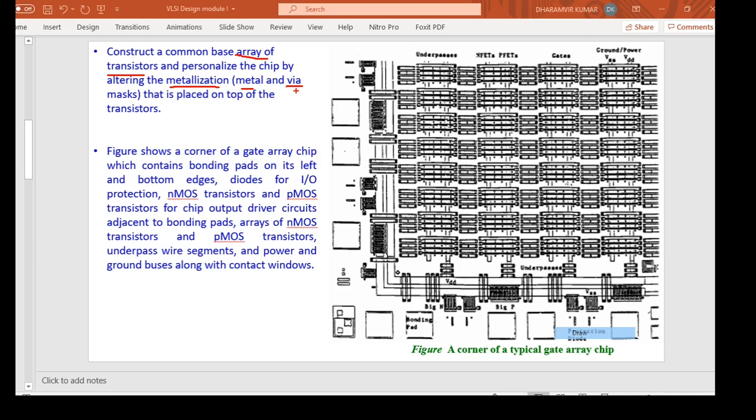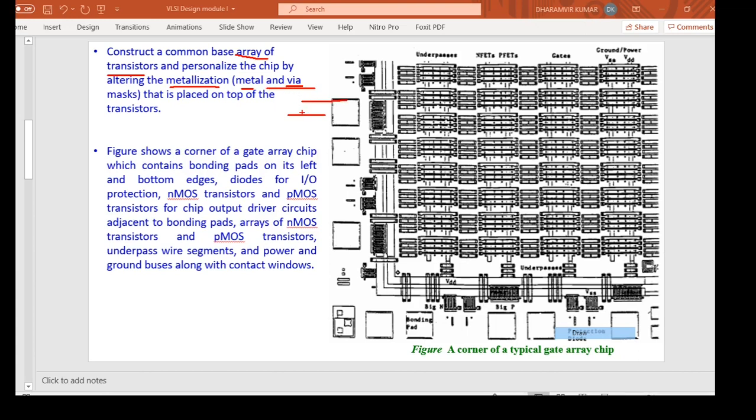Now in the case of a multiple metal layer IC, where we have multiple layers of metals lying one on the other, there arises a need when we want to connect one metal layer to different metal layers. Suppose this is one metal layer and this is the second metal layer. Okay, and this is the third metal layer, right?